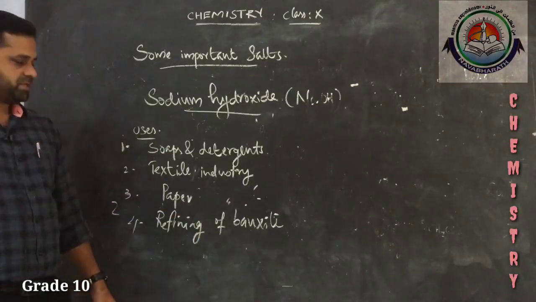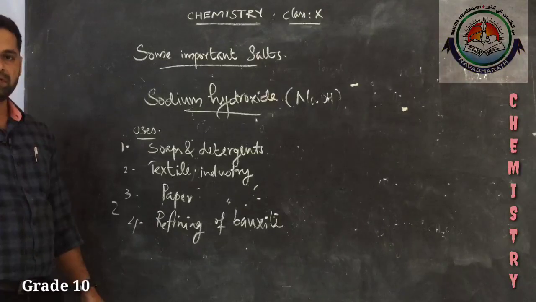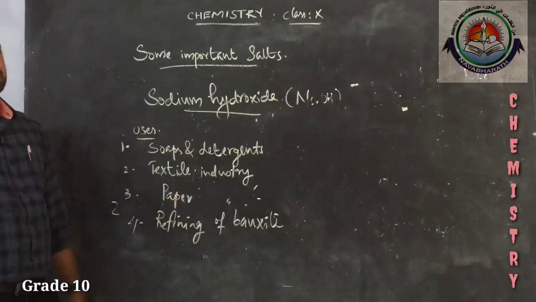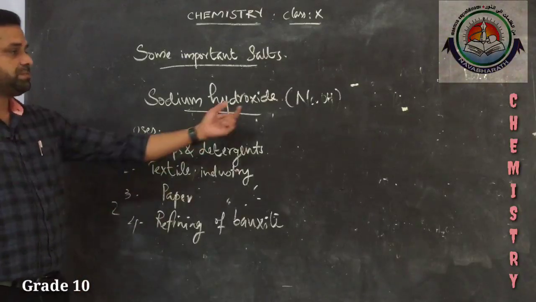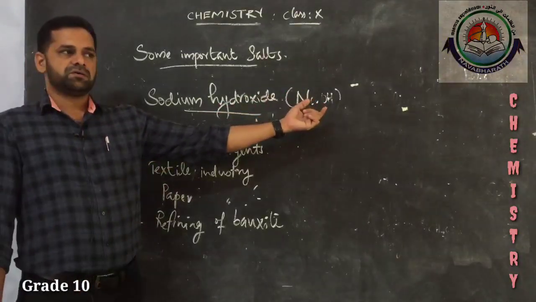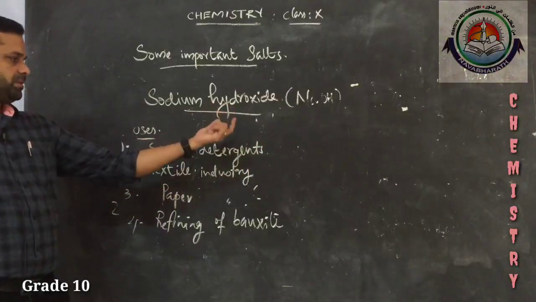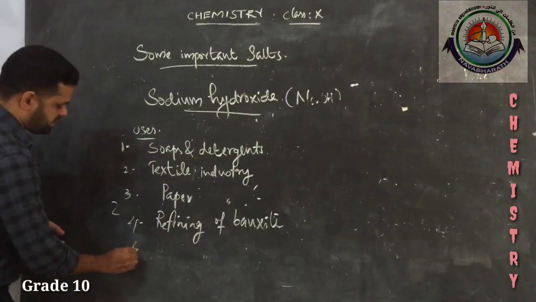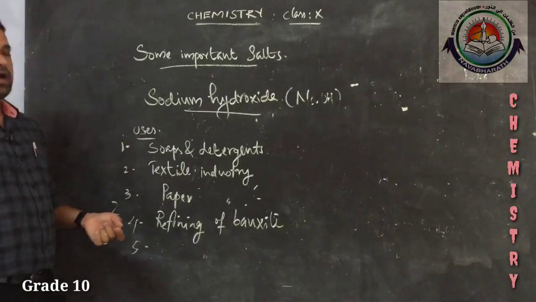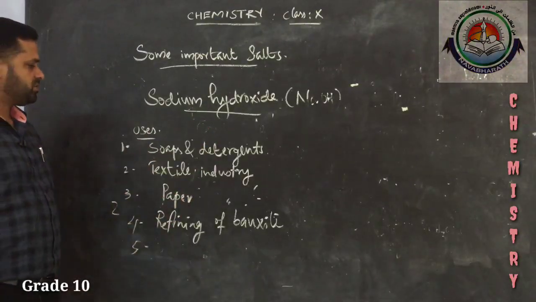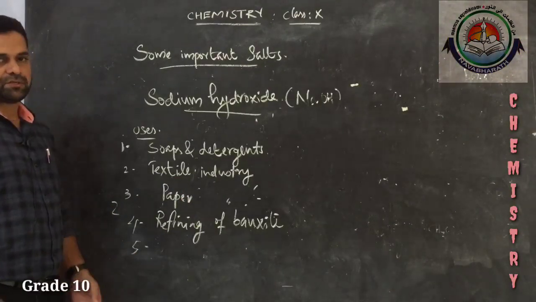What is bauxite? Bauxite is the ore of aluminum, isn't it? So in all these cases, sodium hydroxide is used. The fifth one you can write: it is also used in the manufacture of hydrochloric acid. So these are the different uses of sodium hydroxide.